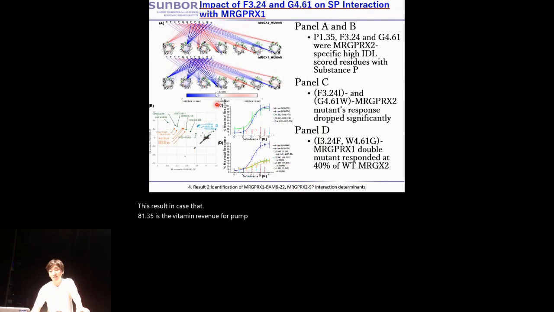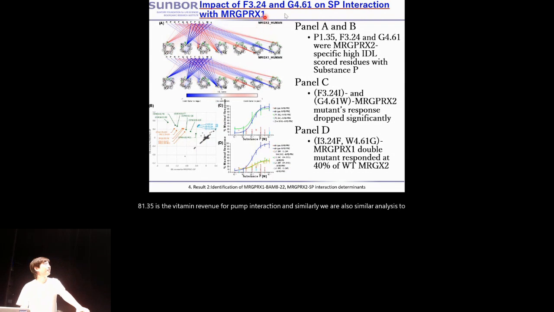Similarly, we did a similar analysis for the SP and MRGPRX2 interaction. Here, P1.35, F3.24 and G4.61 were MRGPRX2-specific high ideal scored residues with substance P, SP.